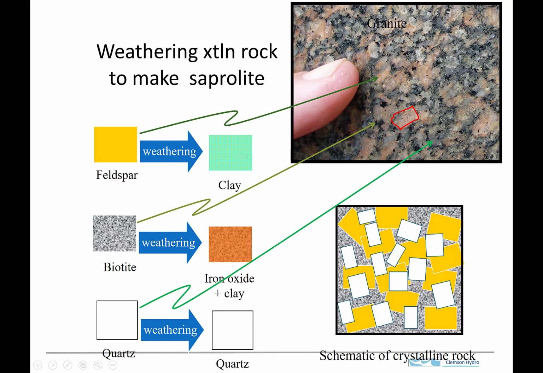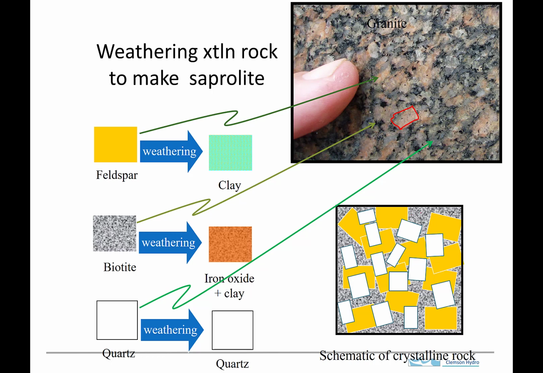So there are the three different minerals, and what I've done is to take this image in the upper right, this photograph of granite, and in the lower right, I'm just showing this schematically, this collection of feldspar, quartz, and biotite.